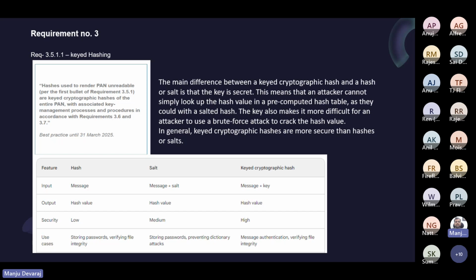Now there is a keyed cryptographic hash, which uses a secret key, and you need to understand many a times the keys are unique, and maybe it's dynamic to make it more powerful. And yeah, message authentication is provided, verifying file integrity as well.